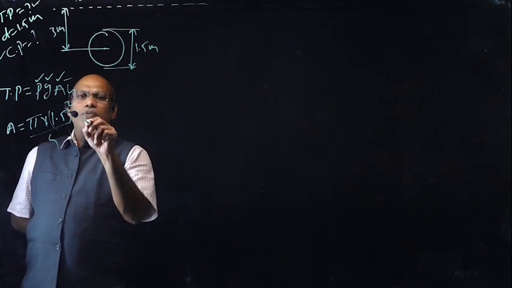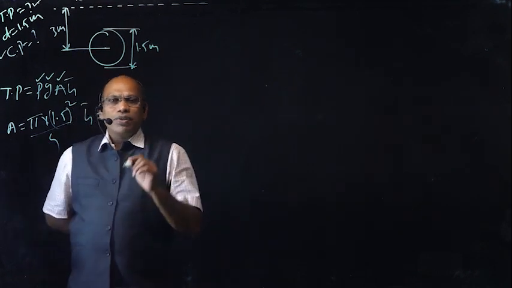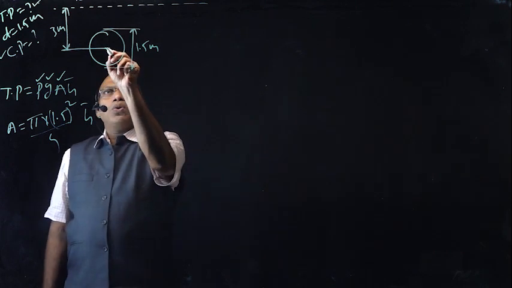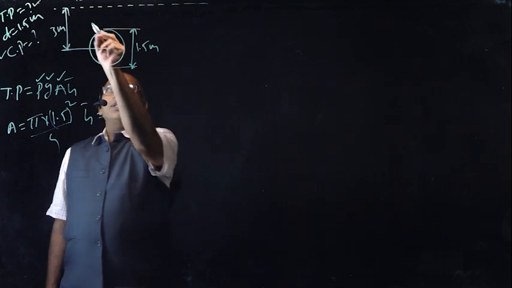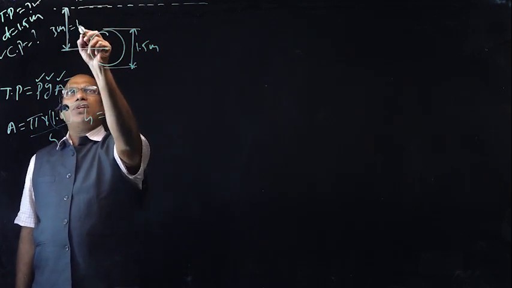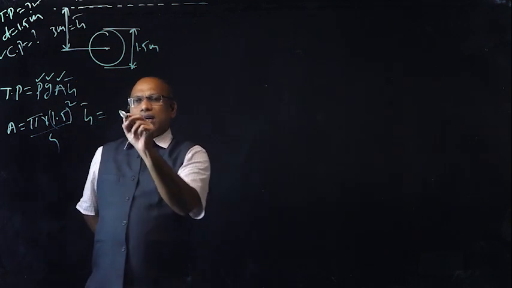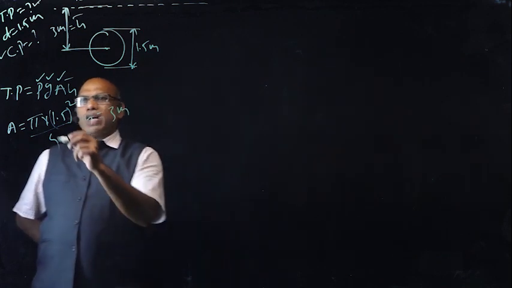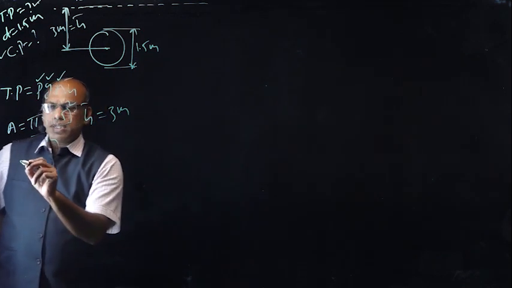And H bar, what is H bar? H bar is the distance between the center of the object and the free surface of the water, that is given here, equal to 3 meters. Now we are going to substitute the values here.